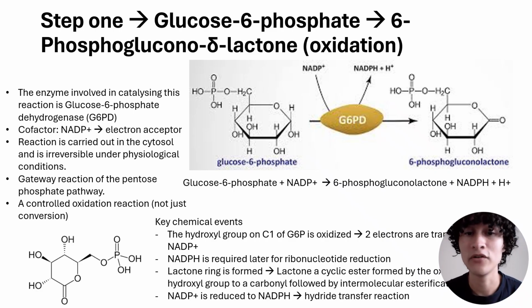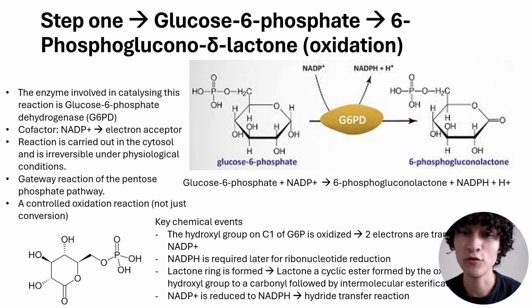So glucose 6-phosphate has been oxidized into 6-phosphogluconolactone, and our NADP+ has been reduced. It has taken those 2 electrons and that hydrogen proton, and you get a H+, a hydrogen proton left in solution, because the NADP+ can only take 2 electrons and 1 hydrogen proton. It can't take 2, so it leaves 1.